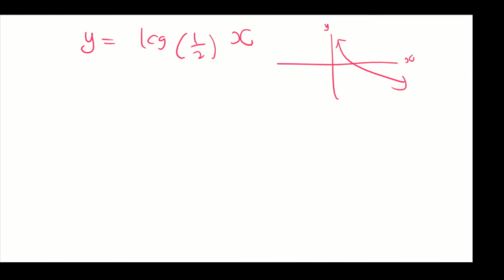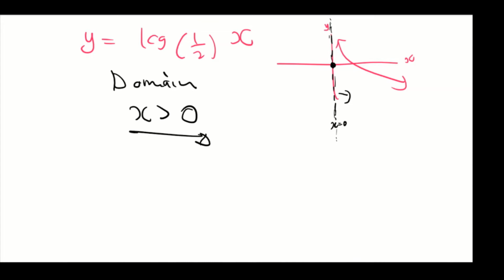Because we want the domain, we're focusing on the x values. The x values don't necessarily touch the origin. When x is equal to 0, the graph doesn't touch, because this is where the asymptote is. But anything above x equals 0, the graph is passing through. So we can simply say the domain, which is the x values of this graph, is greater than 0, because it will never touch the asymptote. So it's just going to be x greater than 0.